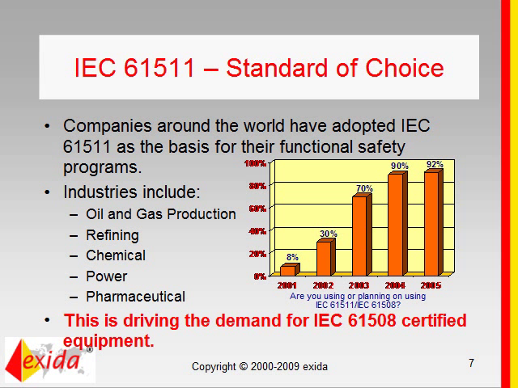Many multinational companies have their internal safety groups that are implementing these standards on a global basis. In the US, OSHA requires, as part of your process safety management, that you use good engineering practices.